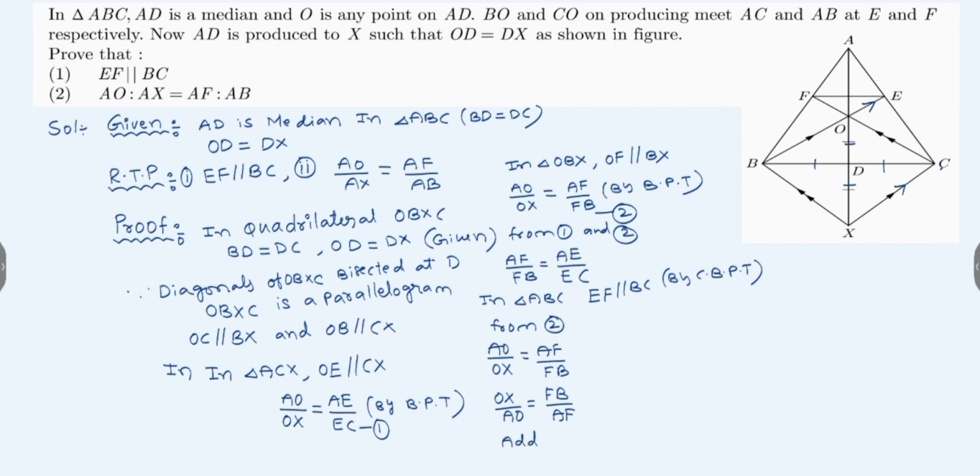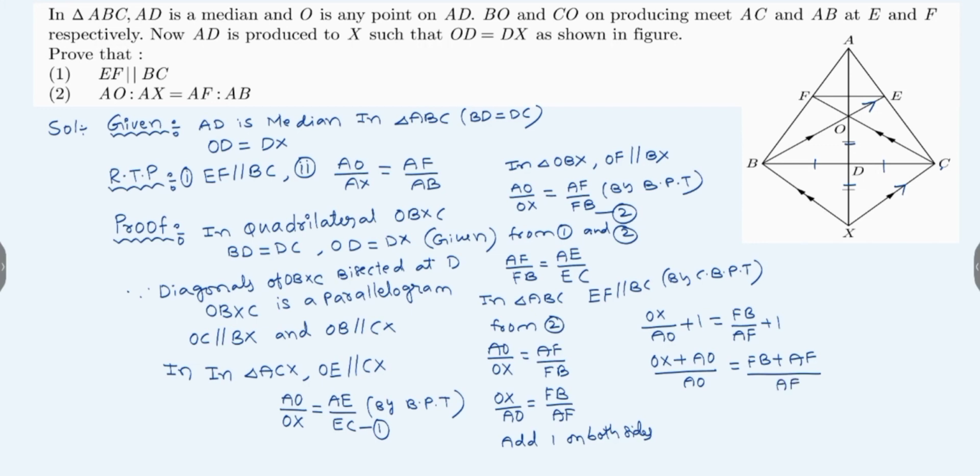So now add 1 on both the sides. After adding 1 on both the sides, it will be OX by AO plus 1 is equal to FB by AF plus 1. Now we take the LCM, we get OX plus AO by AO is equal to FB plus AF by AF.